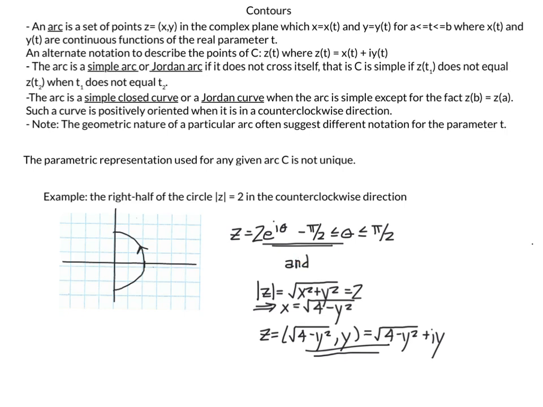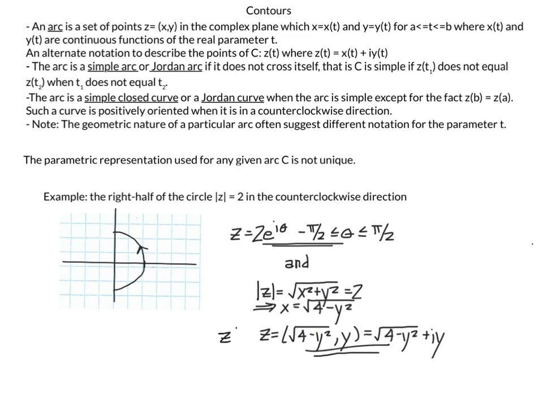The other thing we can do is use modulus of z, which is the square root of x squared plus y squared, equal to 2, which means x is equal to the square root of 4 minus y squared. So we can also express z as a parameterization of y, so this is z of y.